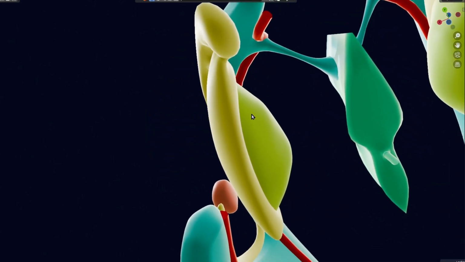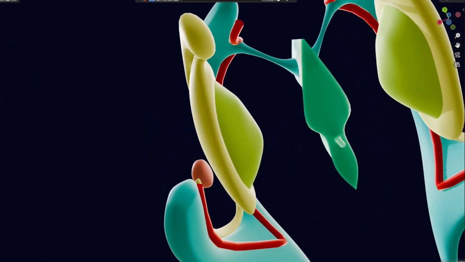Now if you focus on the putamen and globus pallidus together, you see this is the putamen, and this is the globus pallidus. If you look at them carefully as a single entity, they somewhat resemble the shape of a lens, a biconvex lens.